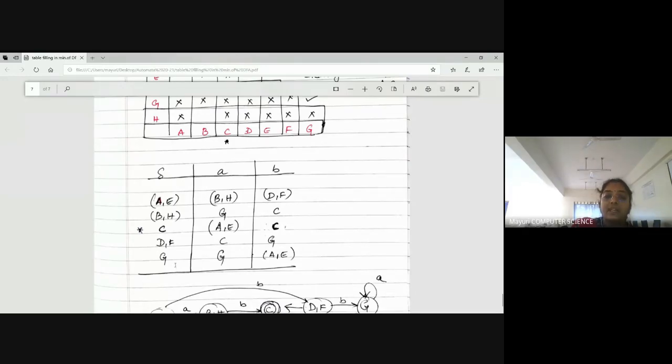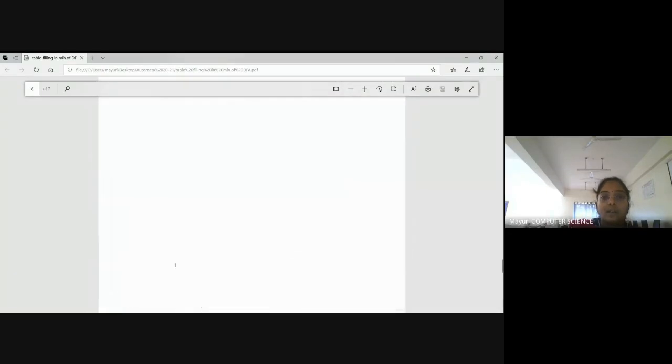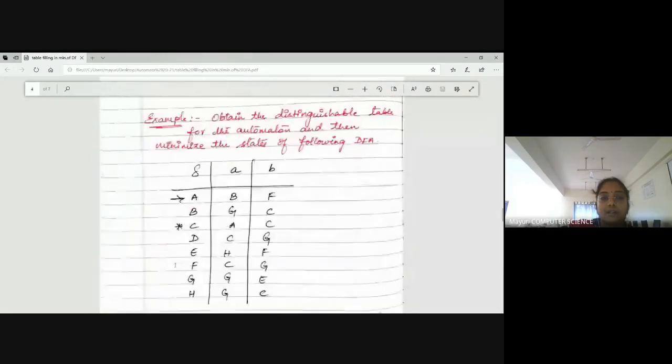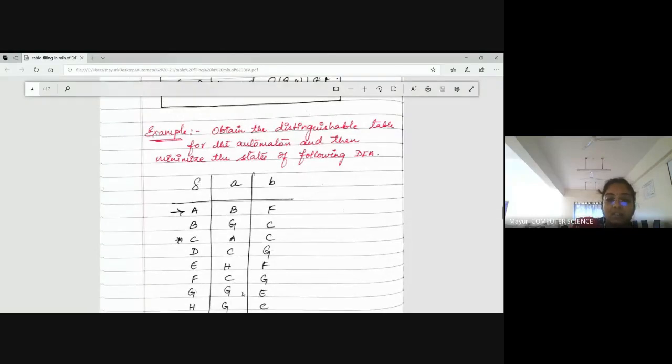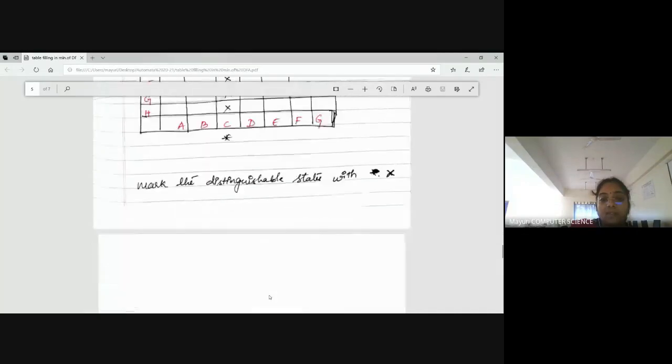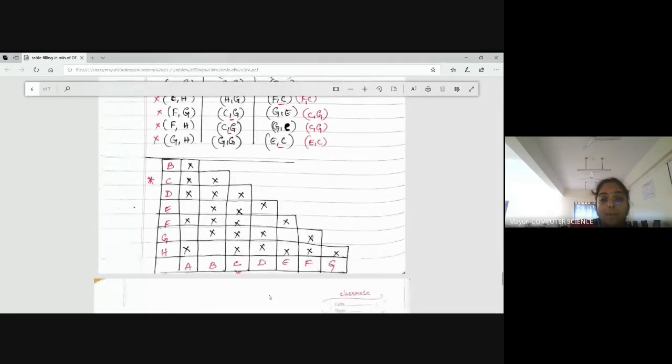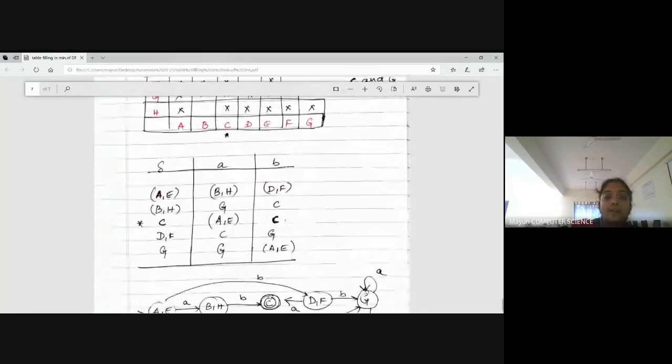As usual for G, if I look at my initial table, what is there? G and E, right? G and E. So what do I have to do? I don't have G and E, but I have a G state. I don't have an E state, but E I can find in AE. So I have written AE here. If any one of you have doubts in this part, you can ask me.